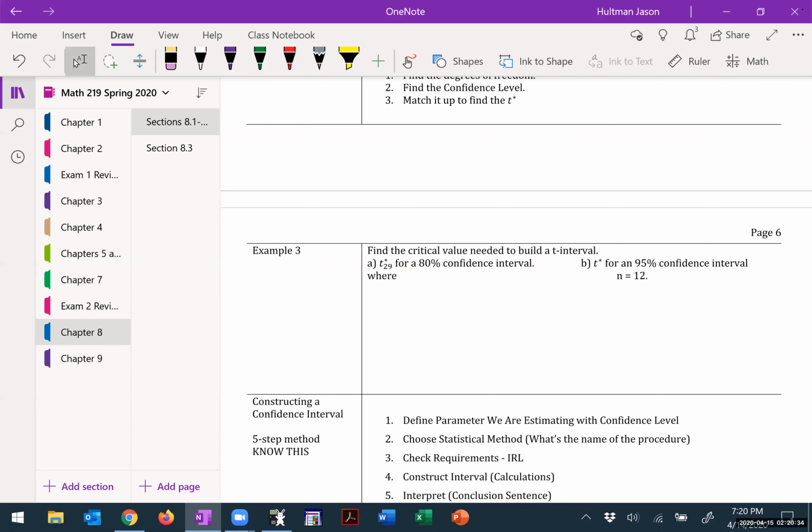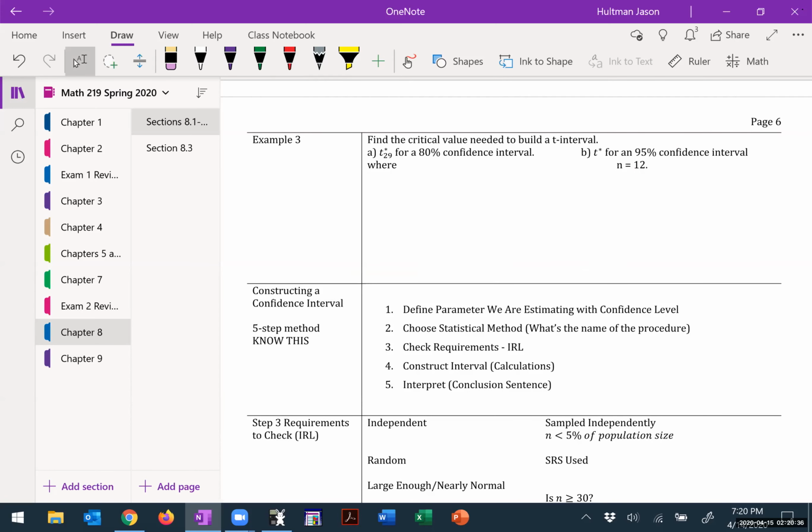Okay, let's find the critical value needed to build the t interval. We want to find an 80% confidence interval. Remember, only s is given. There's no sigma given for any of these.